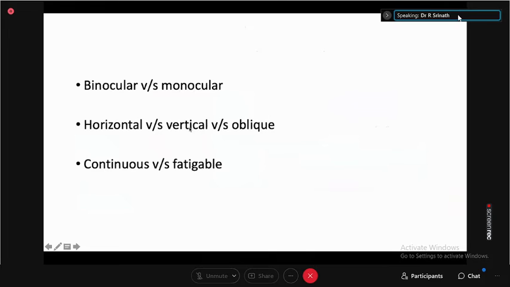Vertical is usually due to superior rectus or inferior rectus, and oblique can be due to inferior oblique or superior oblique muscles. Continuous diplopia is possibly not due to a neuromuscular problem, whereas fatigable diplopia or diurnal variation is due to neuromuscular junction involvement.